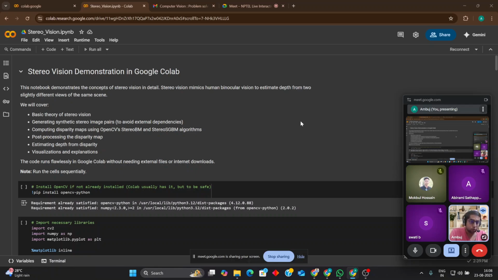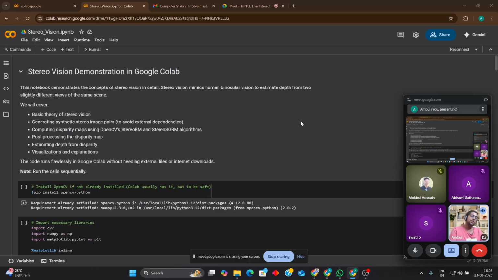For running Python programs, a lot of facilities are there nowadays. One facility is that you can run the Python files locally on your system. For that, you have to install the Python language, then use a particular editor, which might be Visual Studio Code, or for different languages different editors are there.